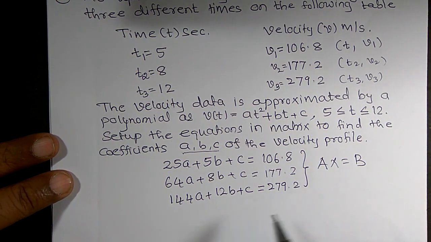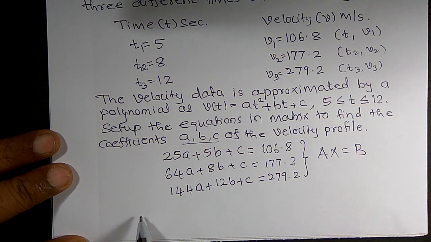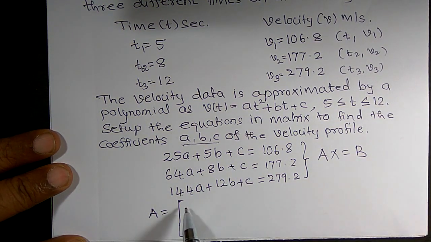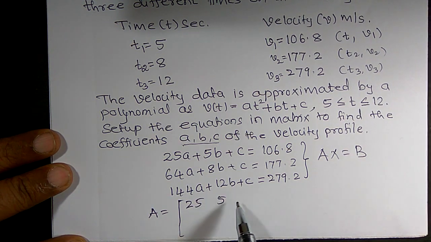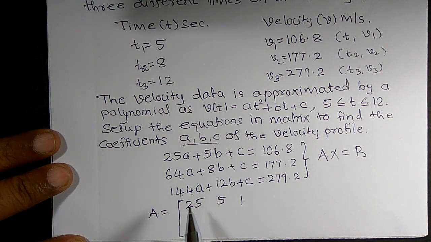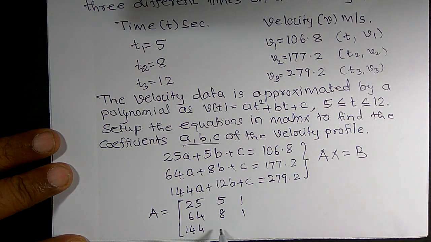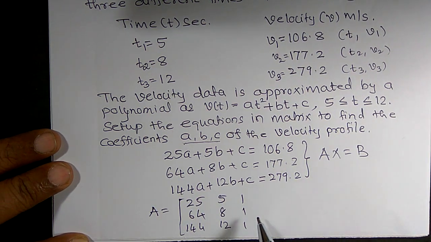Okay, now I am able to write down a matrix equation. So A is equal to the coefficients of a, b, c. So 25, 5, coefficient of c is 1. Coefficients are 64, 8, 1. 144, 12, 1. Right?